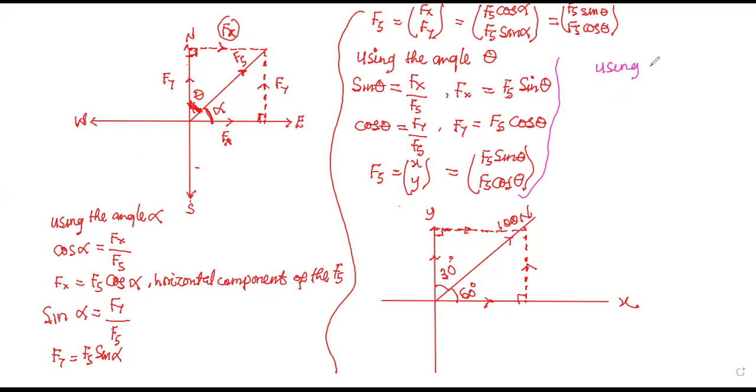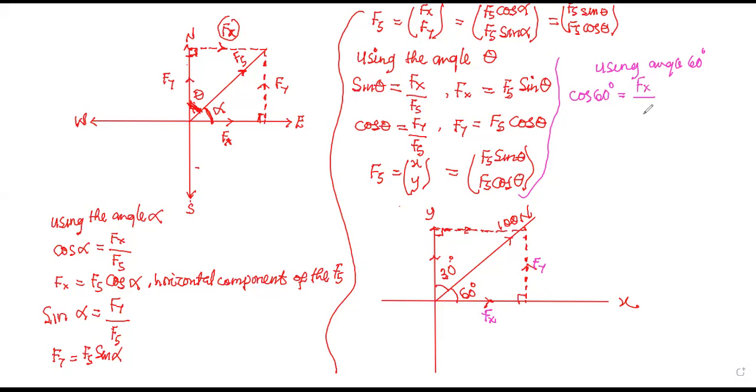Using the angle 60 degrees, Fy, because this is along the y-axis, and then Fx. Fx is equal to, if I take cosine of the angle 60 degrees, the adjacent, which is Fx, over the hypotenuse.